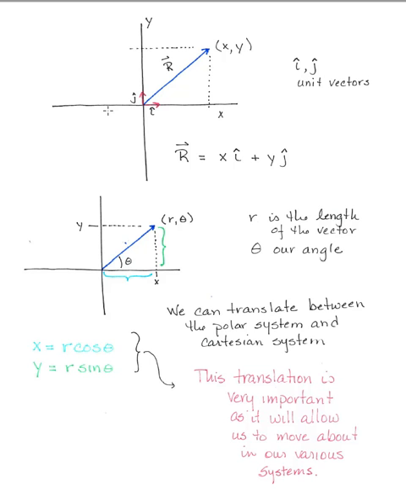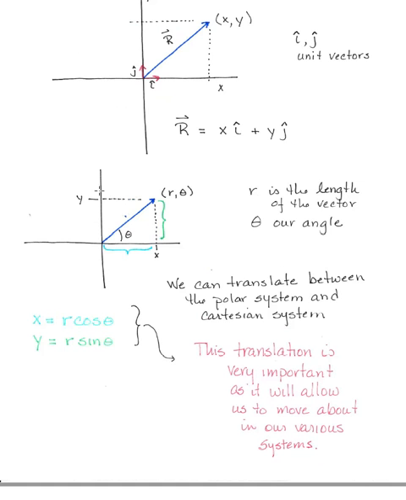They point in the direction of the x or the y, and k is for z, but they have a magnitude of 1. We can scale them, hence the term scalar. The scalar tells us how long it is. So in this case, our vector has a scalar of x in the i direction and a scalar of y in the j direction.